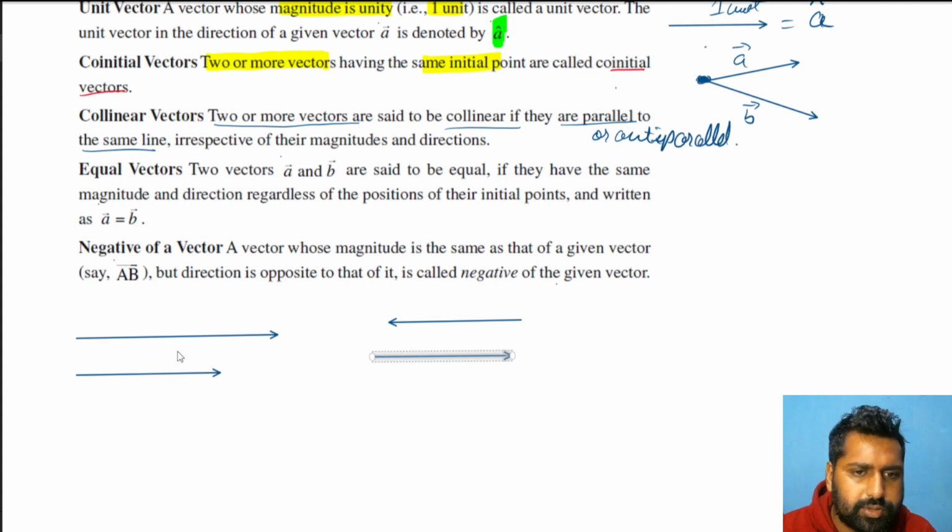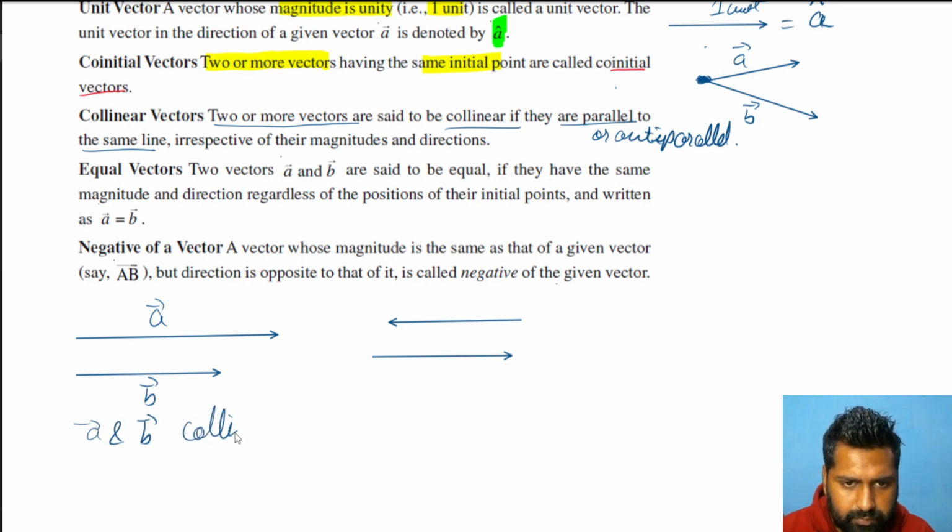Let's understand the first situation. A vector, b vector, both have the same direction, both are going towards the right. Magnitudes are different because the lengths are different, so I can say a and b are collinear. So they should have the same direction, but this is also the case in which they have opposite direction. So this is the case of parallel that I was talking about, and this is the case of anti-parallel.